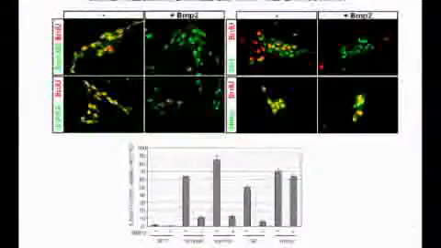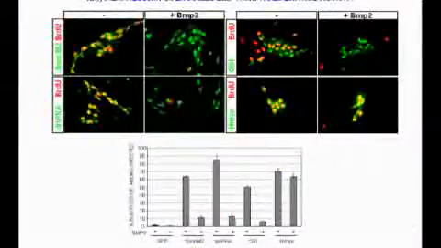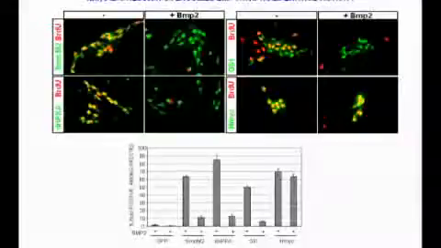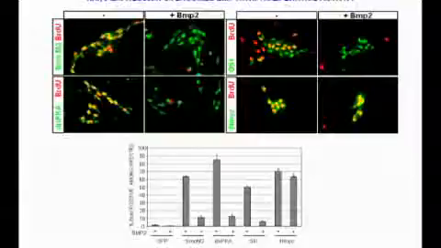So finally, we have been investigating the way that BMP2 uses to control proliferation.